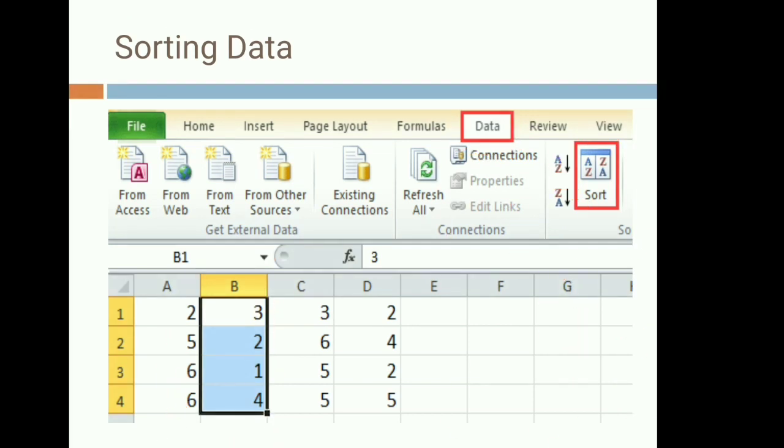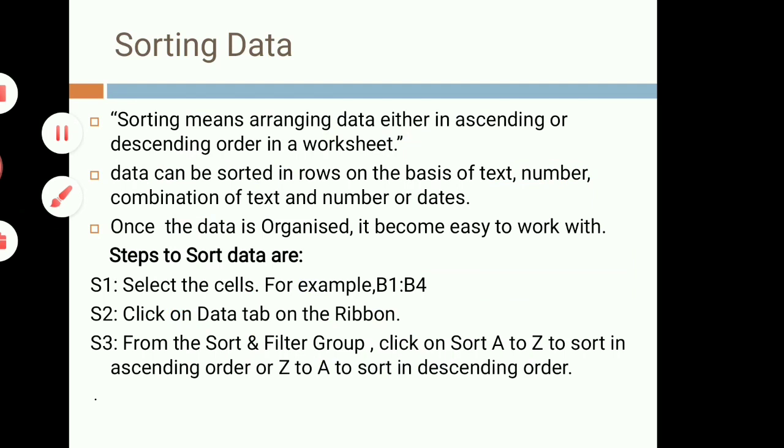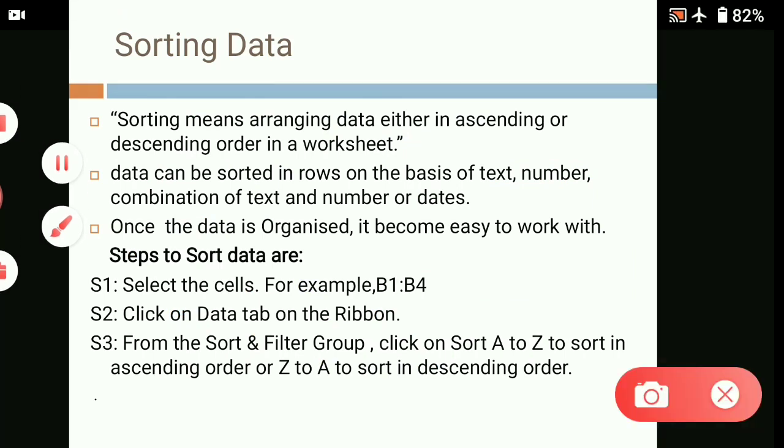Moving to our next setting: how to add a level when sorting data. For adding a level in sorting data in a chart, you have to follow these steps. Firstly, you have to follow all the sorting steps as you already learned.